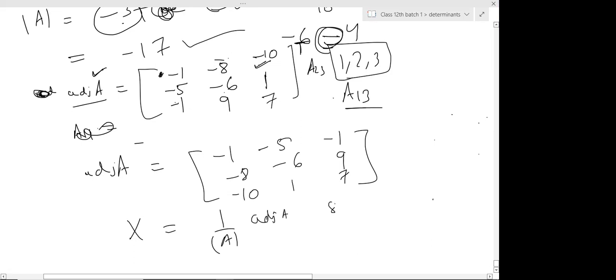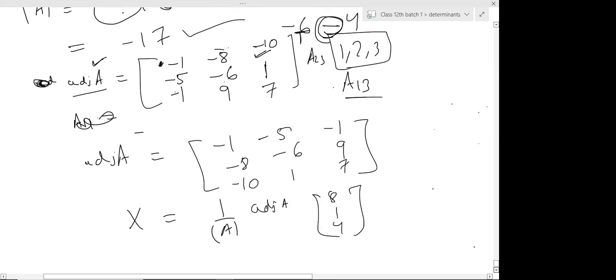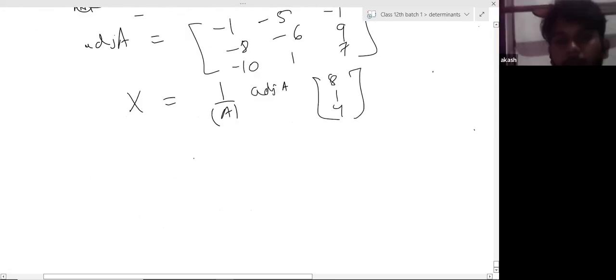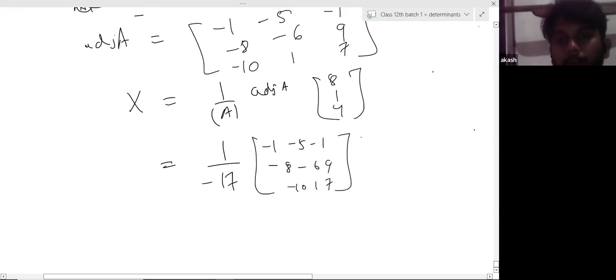8, 1, 4. So this was 1 upon minus 17. This is minus 1, minus 5, minus 1, 8, minus 6, 9, minus 10, 1, 7, and 8, 1, 4. This is 3 by 3. This is 3 by 1. So finally we will get only one column.